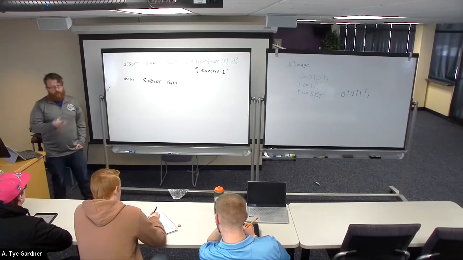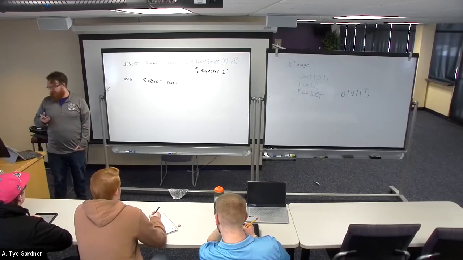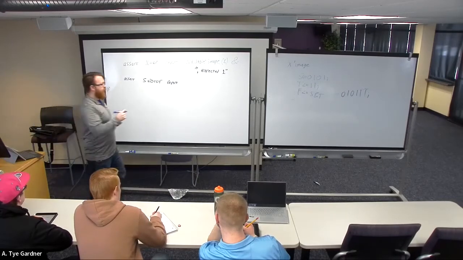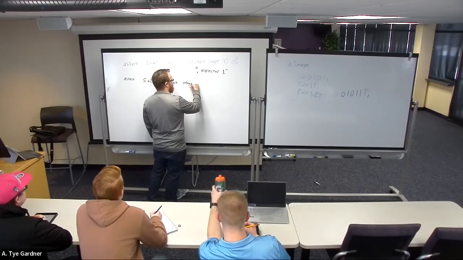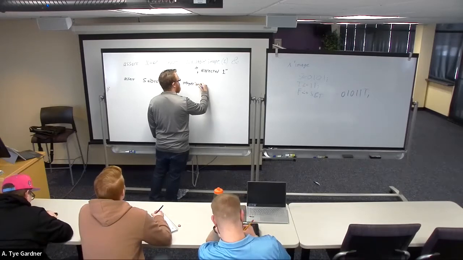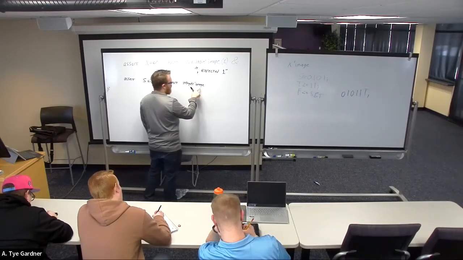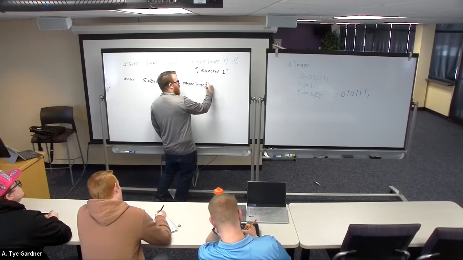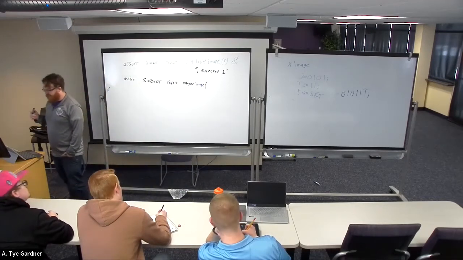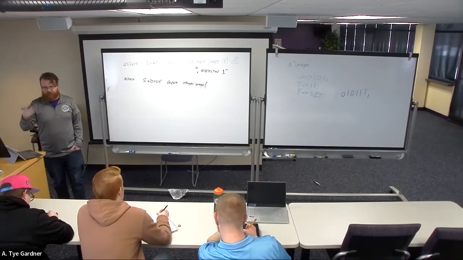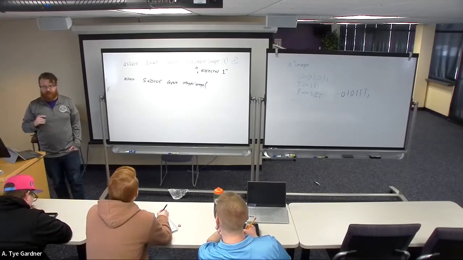So if I want to do something with an integer, I can actually convert something to an integer. So I'm going to say integer tick image. So now I'm taking the image of an integer, and the operator is expecting an integer. But S is a standard logic vector, so I'm going to convert it to an integer.